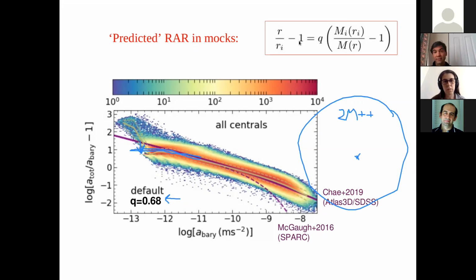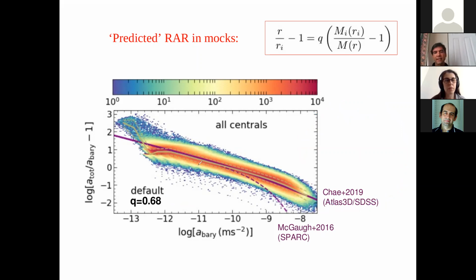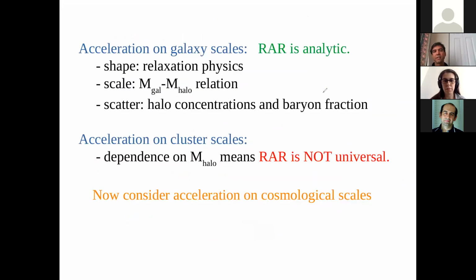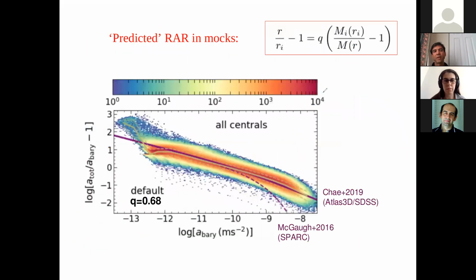For us, for lambda CDM, we get that curvature without any extra effect. For us, it's a consequence of the fact that mass is increasing upwards, so low mass is here and high mass is here.